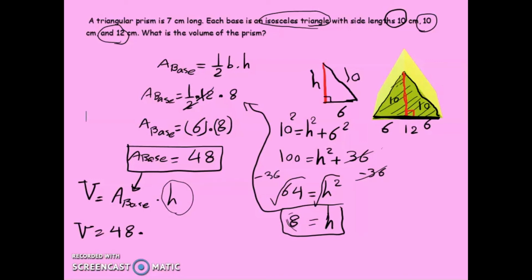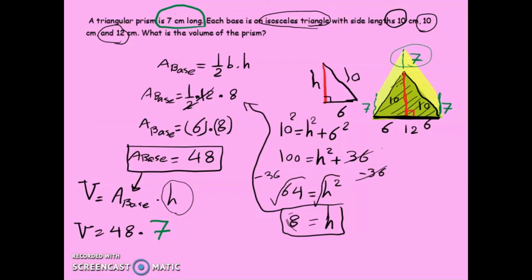The height of the prism is given here in the question. It says the height of the prism is 7. It means this length is 7, and this length is 7. So the height of the prism is 7. Therefore, you have to multiply the base by 7.